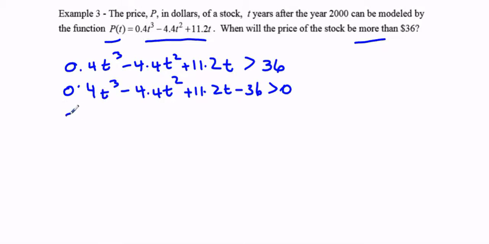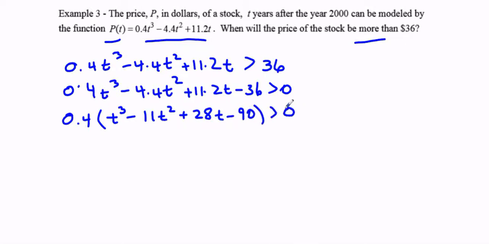So what I'm going to do first is factor out the 0.4 because I'm going to hope that when I divide all of these terms by 0.4, I end up with some nice numbers. So it's going to be t cubed minus 11 t squared plus 28t minus 90 is greater than 0.